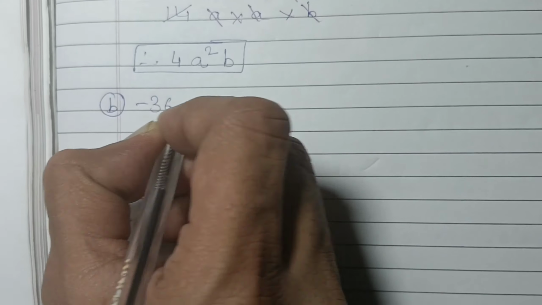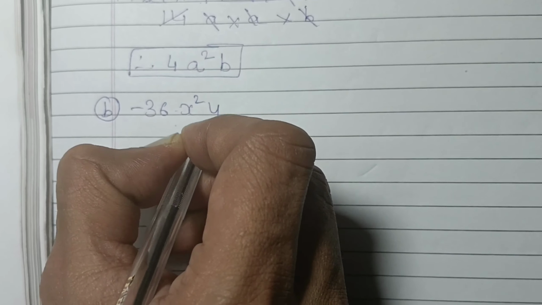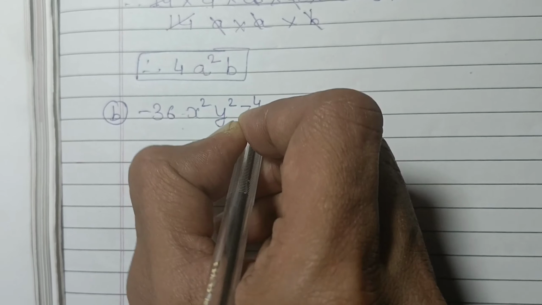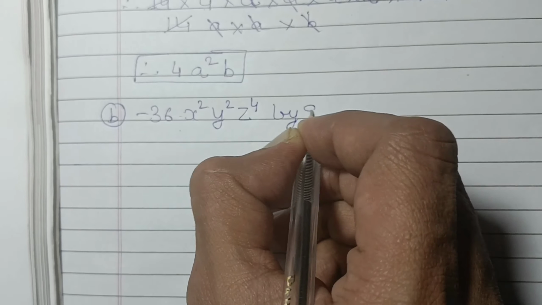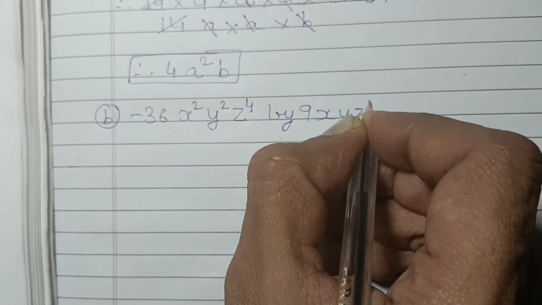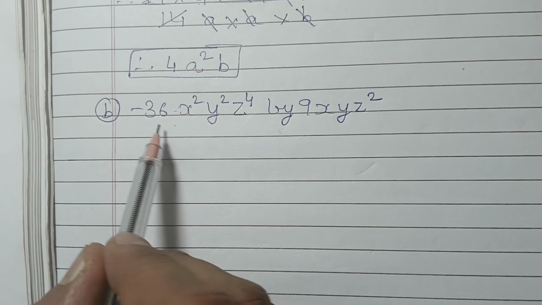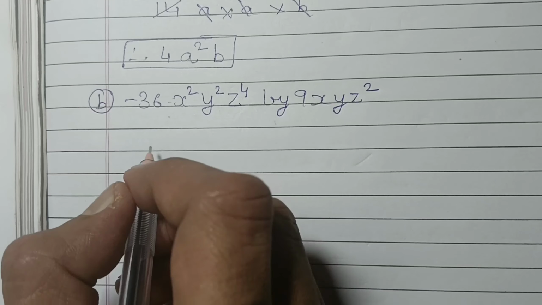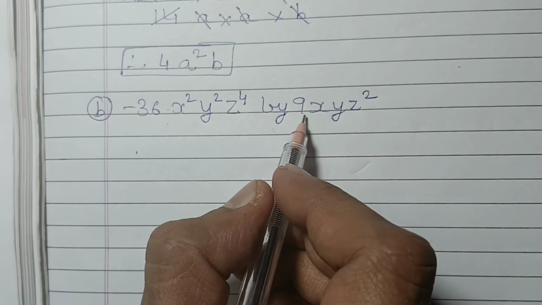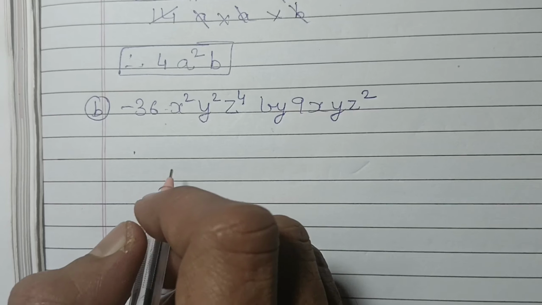Minus 36 x square y square z to the power 4 by 9xy z square. So again we have to factorize this term in terms of 9, so it will be easy to divide for us.